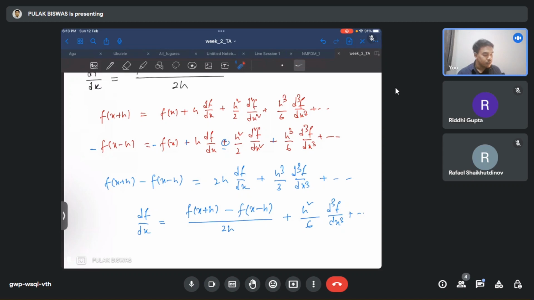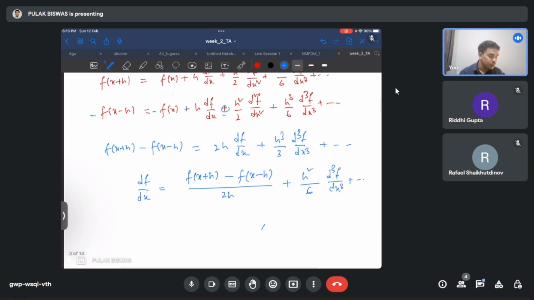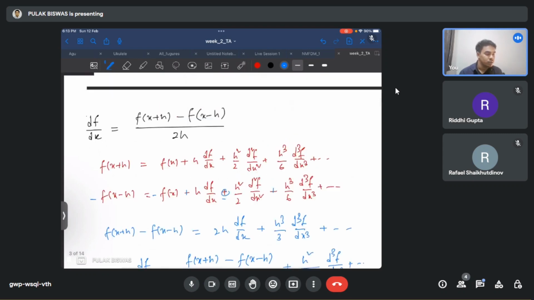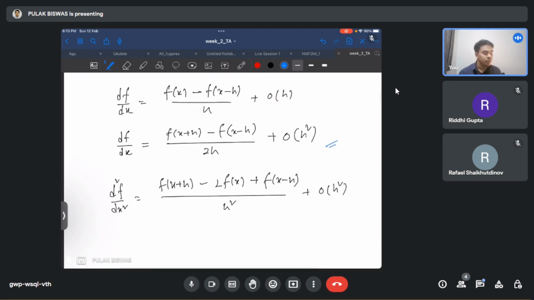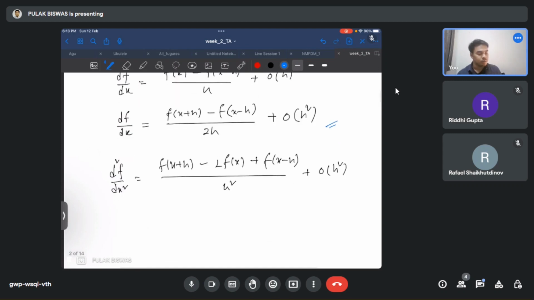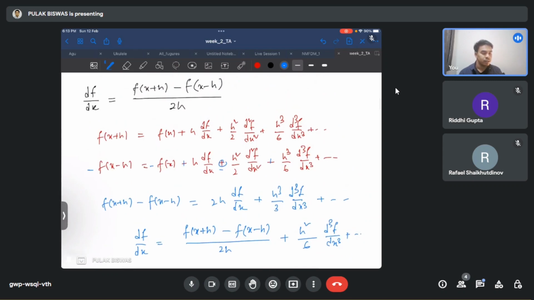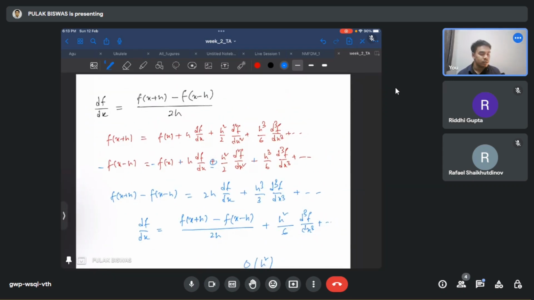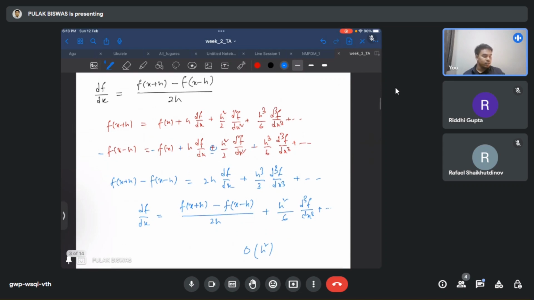So for the central difference, we choose the formula up to this, and we neglect this term. So the order of error becomes h squared, as you have seen here. In this way the order of the error is decided for a particular approximation, like central difference or whatever we use. It comes from this left term, which is the order of the truncation error.